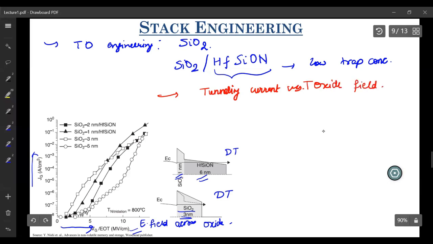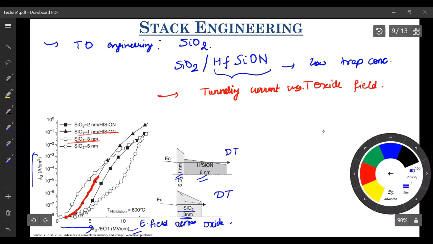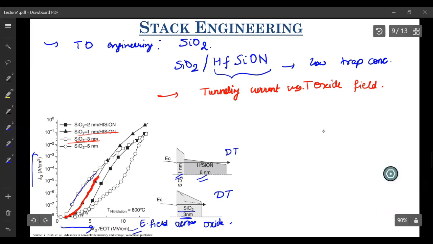If you look at this curve and compare SiO2 3 nanometers, SiO2 1 nanometer and hafnium silicon oxynitride, this is your oxynitride layer. You see that at low fields, the current is lower as compared to SiO2.